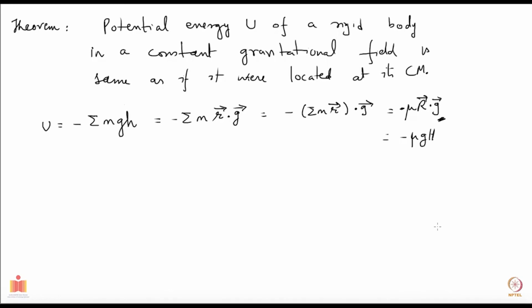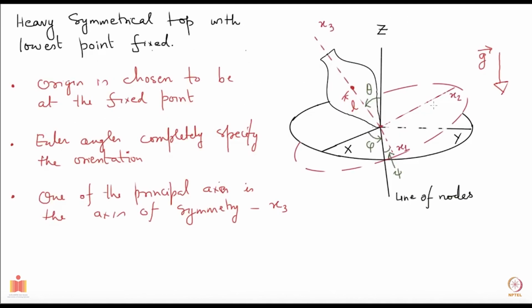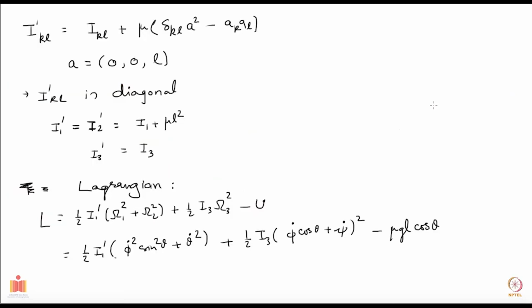I think this should be plus. If your height is increasing, the potential energy should increase, not decrease. So there should be a plus sign here, which you can check by drawing a diagram, or from this diagram you can see. So this is what you get for the Lagrangian.